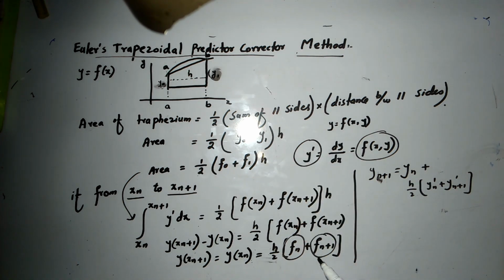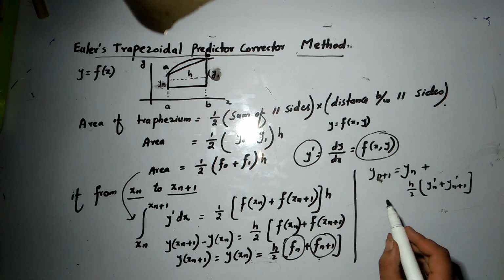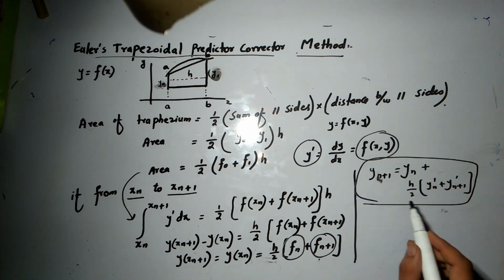Similarly, fn plus 1 will be equal to y dash of n plus 1. So this is called the Euler formula.